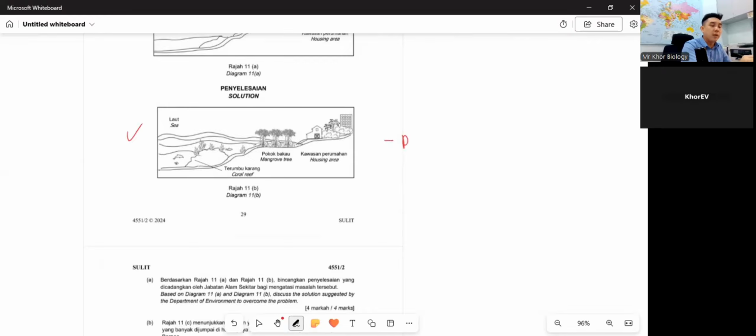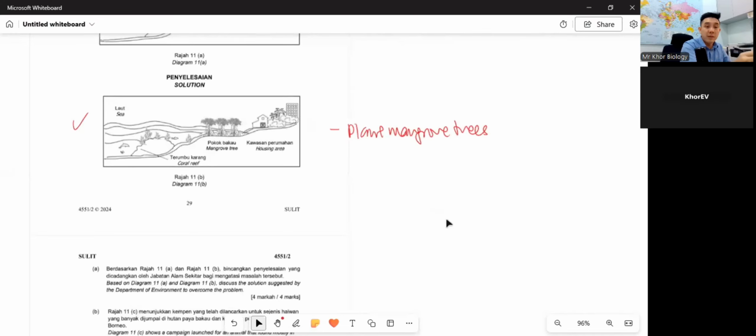So first of all, guys, we plant mangrove trees. If you want to go for a specific name like Rhizophora also can. So these trees become a natural barrier, penampan semula jadi.